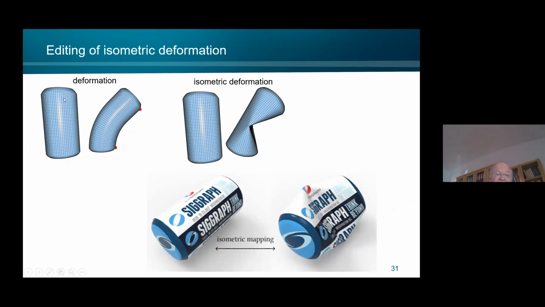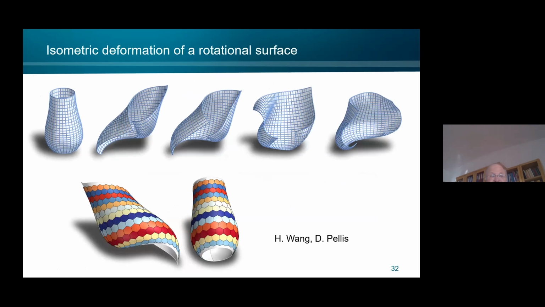Another example is this. We have some deformation of this can, initially not isometric, but then if we make it isometric, it must of course be a piecewise developable surface, and we have these features here, these creases, which come up also when you take a can and you try to bend it.